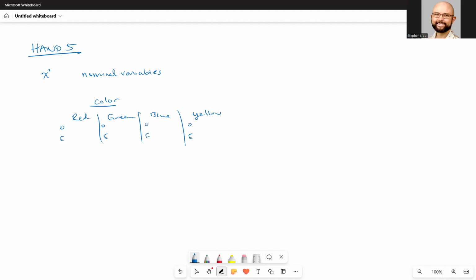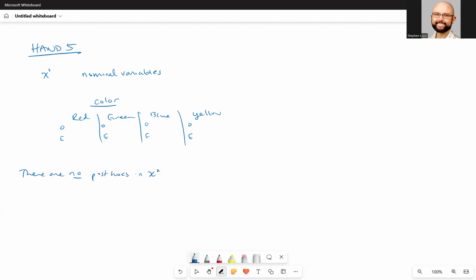Now, in an ANOVA, if we have 4 different groups and we get a significant F value, we can run a post hoc and specifically say which groups are greater than or less than another, and we can say which are significantly different. But in a chi-square, there are no post hocs.